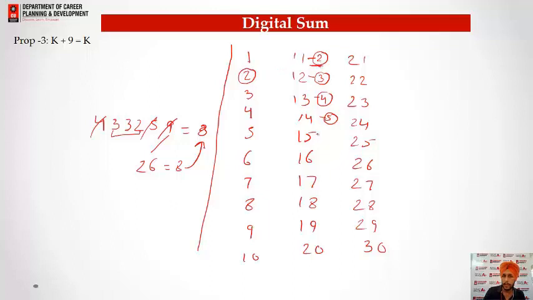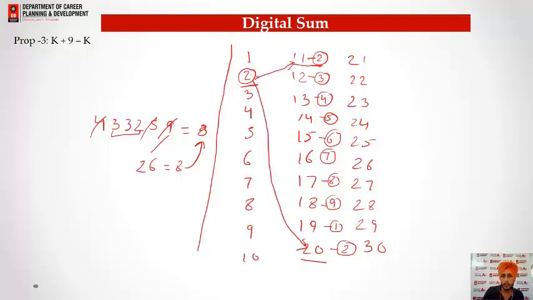Again, where I have the digital sum 2, let's check. The digital sum is 6, 7, 8, 9, 10 will become 1, 2. So here I have the digital sum 2 again for 20. So the digital sum 2 is for 11, and here the digital sum is 2.